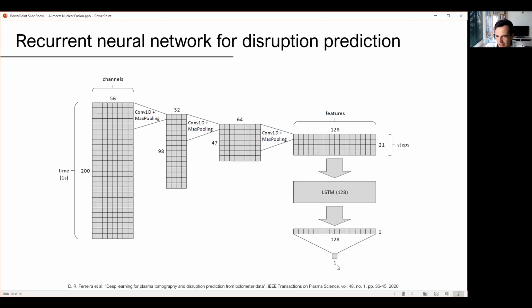But if you're training for how much time I have until the disruption, then most likely the model will be trained only with disruptive experiments, right?